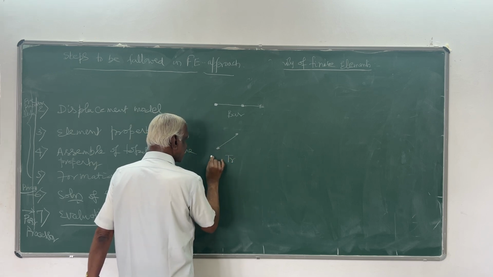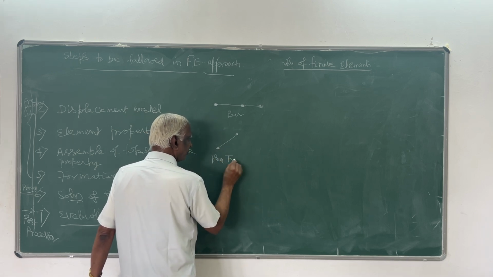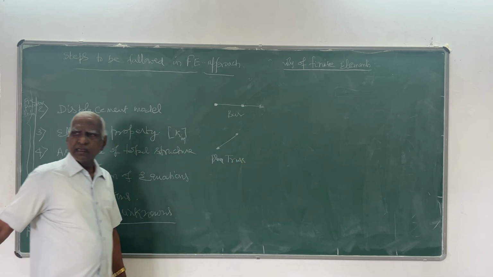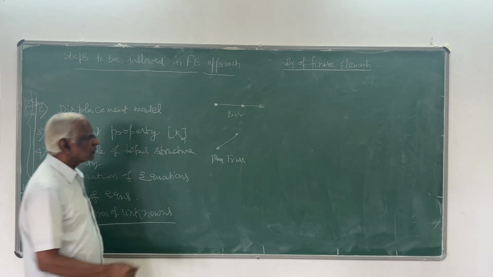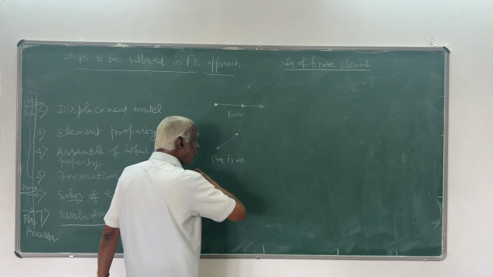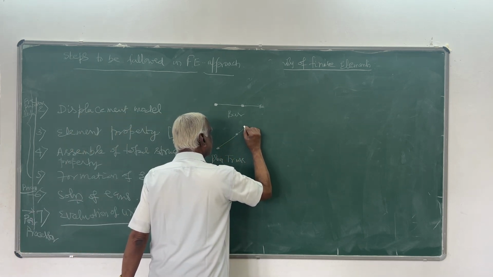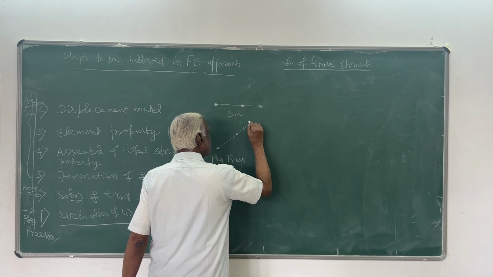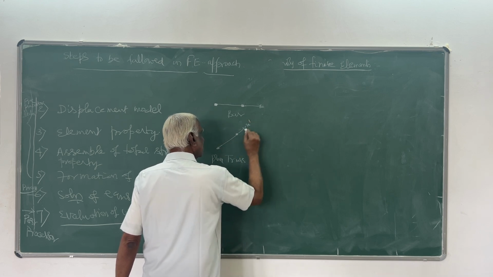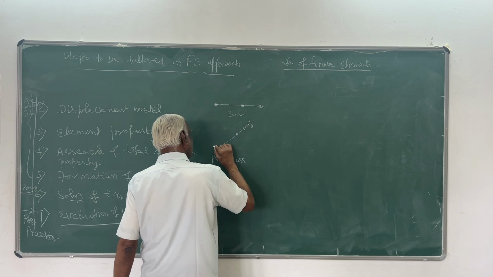in a plane truss element, in the local coordinate you have only one displacement. This is ui dash, this is uj dash.